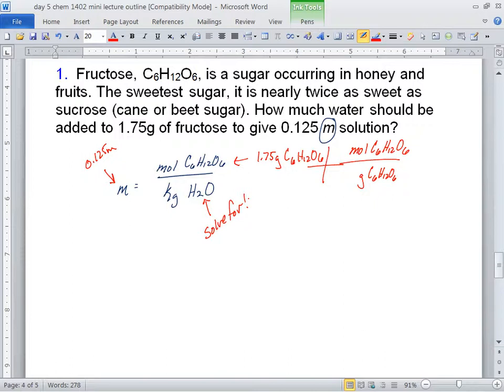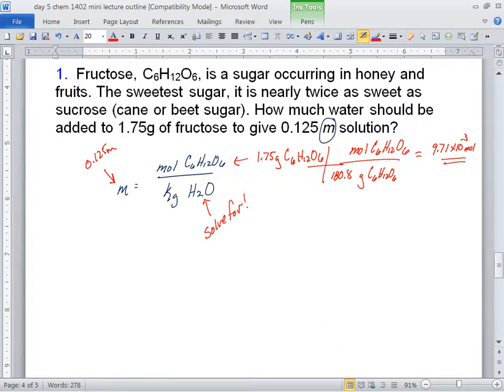Andrea, what did you get for the molar mass for that thing? Molar mass of fructose. 180.18. She got 6 carbons, 12 hydrogens, and 6 oxygens to add up to be 180.8. Anybody else get that? Around that? Good. And then, so that's how many moles? 9.71 times 10 to the -3.